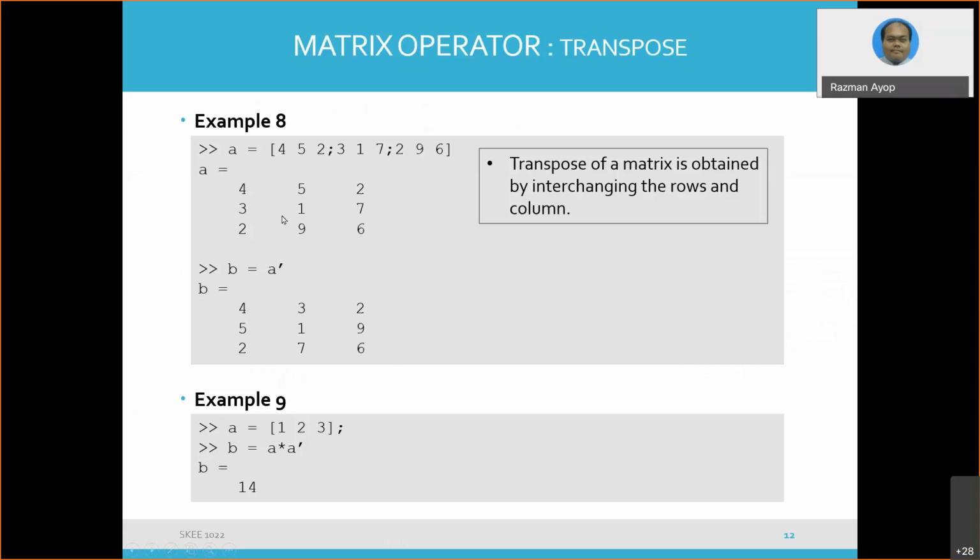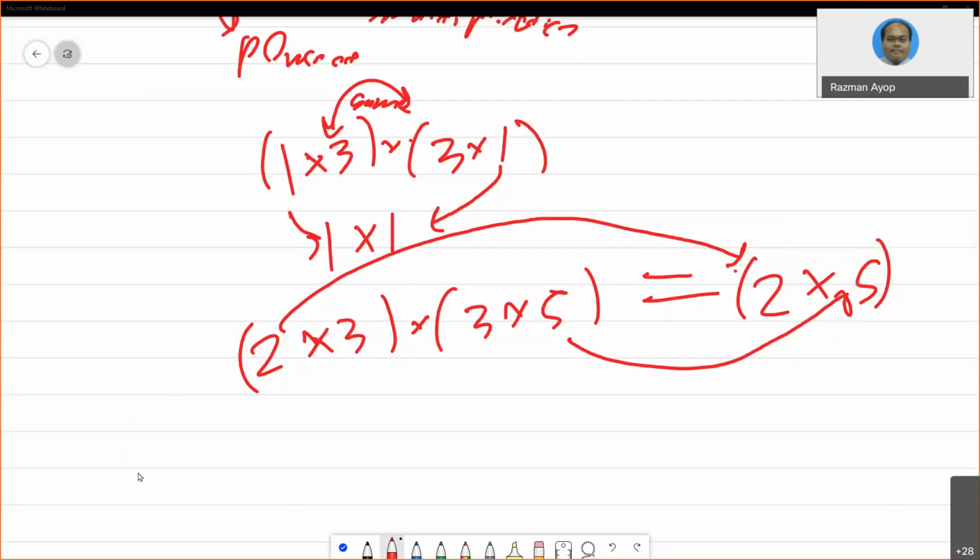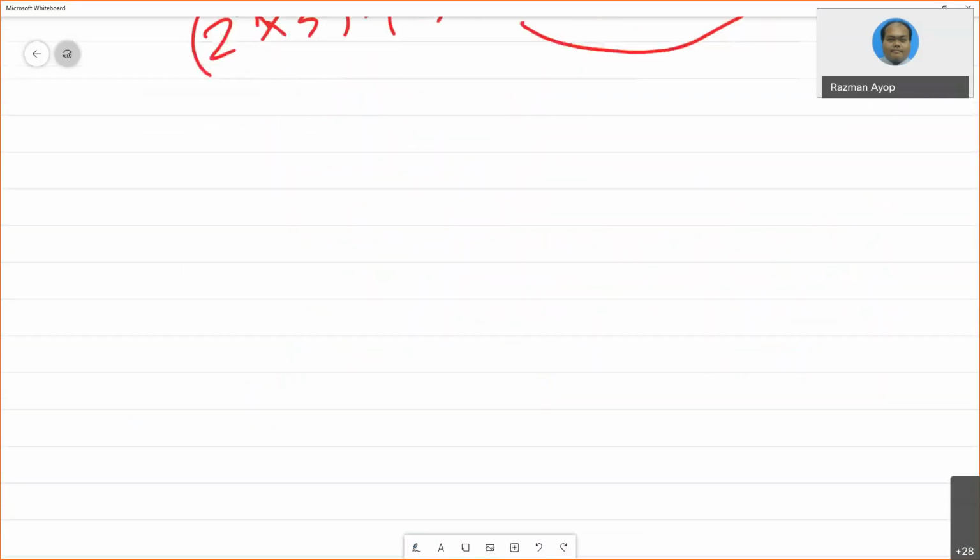Okay, we continue our discussion on transpose. What is transpose? You have to refer back to your previous knowledge on transpose. Just to recall, I give you an example here.